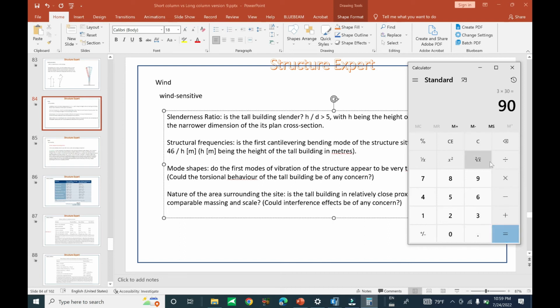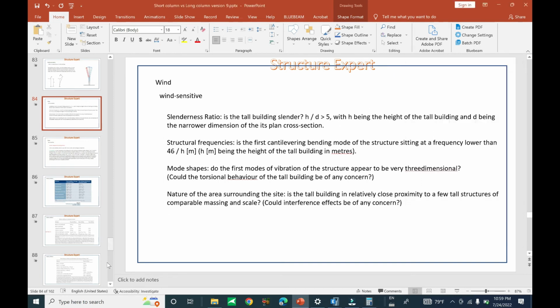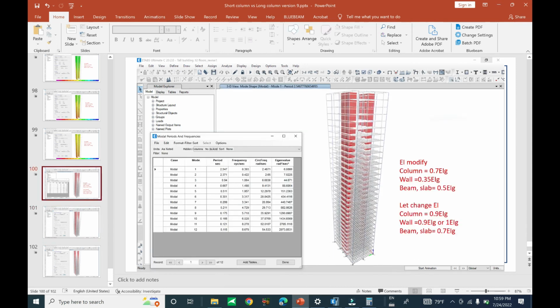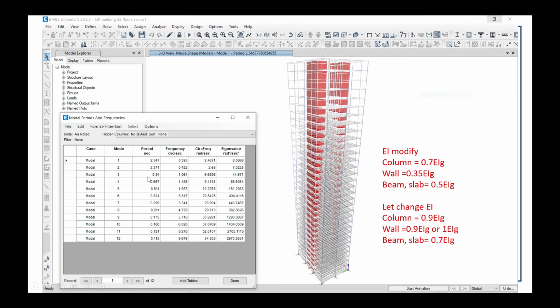It's okay. 46 divided by 90, and the result is 0.5 hertz. And our result is 0.39 hertz.